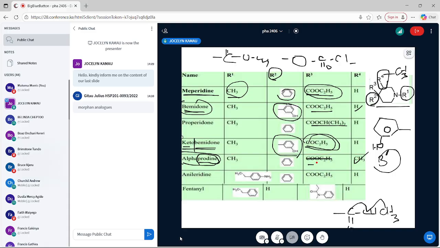It's supposed to start with an oxygen and then comes C double bond O, C2H5. So kindly correct that as you look at the notes. So this is what we call a reverse ester. That is the proper ester. When you start with a carbonyl group, if you reverse the oxygen and the carbonyl group, so you start with the oxygen, you call that a reverse ester.